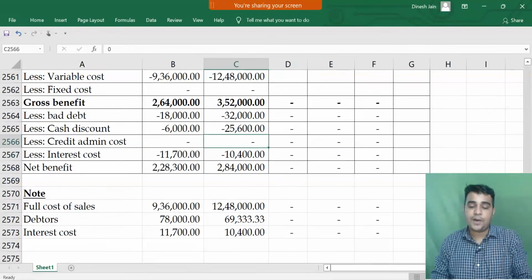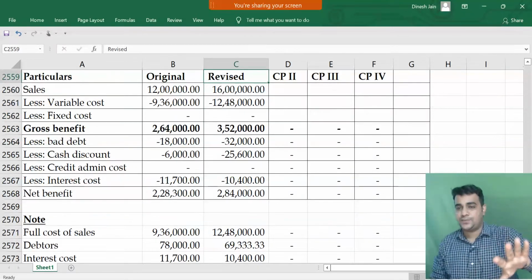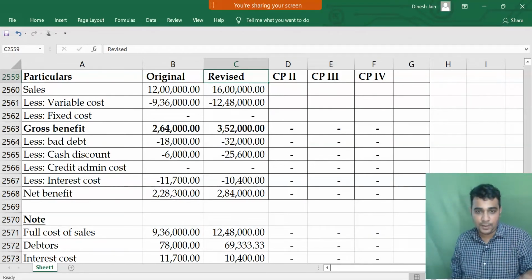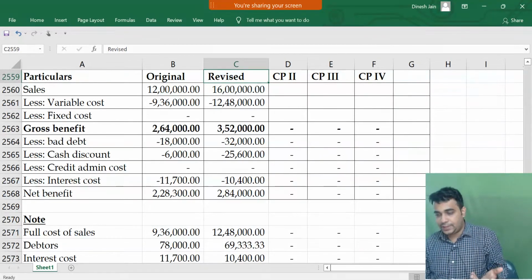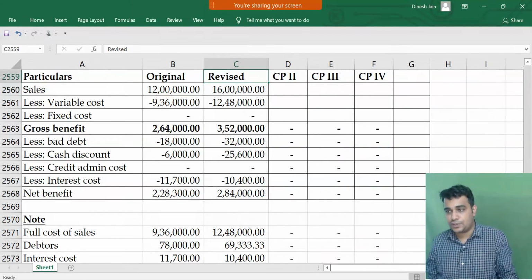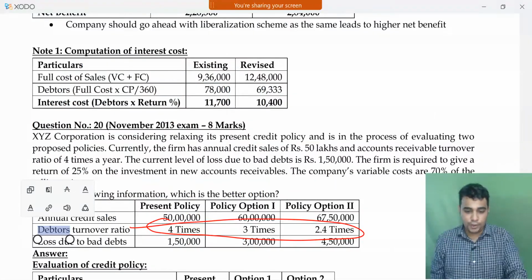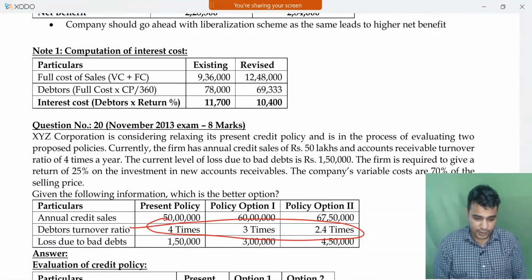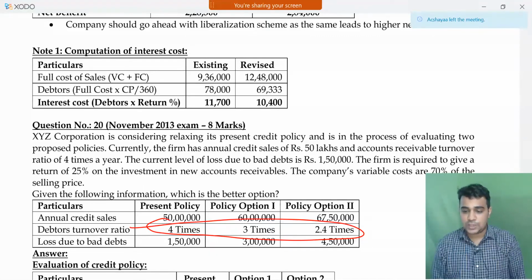You may have only some of the items. It's not necessary to write this fully. I have just kept it in this format. Whatever item is available, you have that. If, for example, credit administration was not there in this question, put it in this format and then let me know the answer. Quickly do it. Present policy, option 1, option 2.